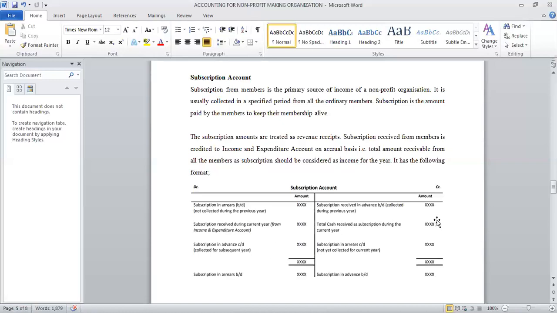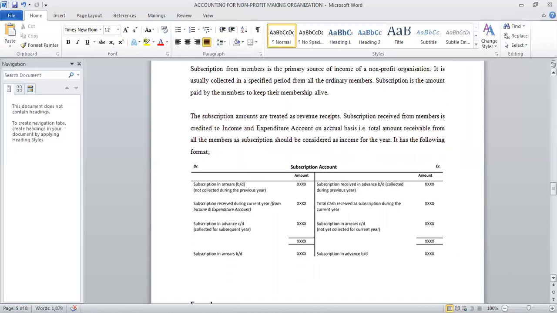This is received this year, meaning that this amount and this amount are included here, but because they are not meant for this year, we put them on the other side, which is the debit side, so that we can subtract them from here. And then the balancing figure. This is the same as the balance carried down for this account. And then it balances like that. Upon doing that, you are home and dry.